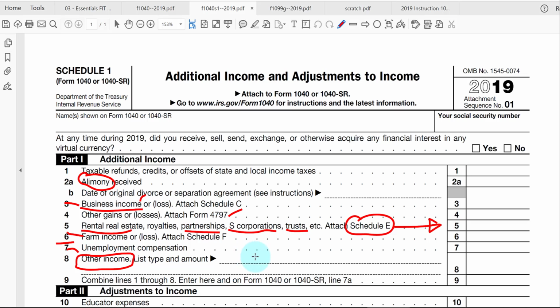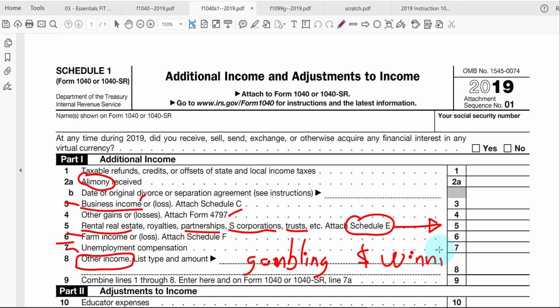So you go to Vegas and you hit the jackpot and they give you a form, I believe it's a W2G. And the gross winnings you have for the whole year, you have to report here in line 8 of Schedule 1. If you have lots of gambling losses during the year, you don't reduce the gambling winnings. The winnings all go here.